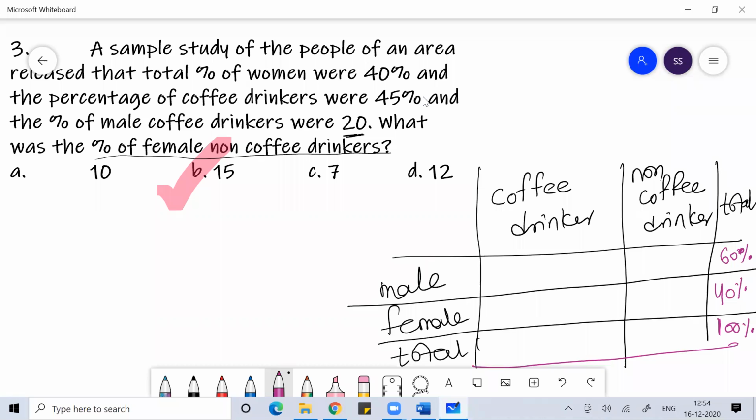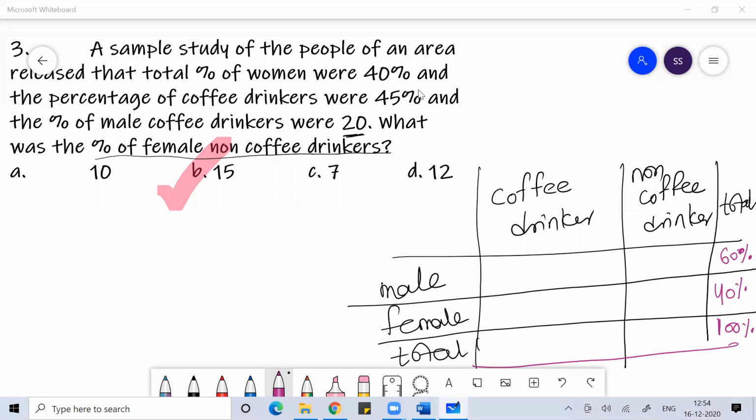I don't think anyone has doubt on that part. The total is always 100% because percentage, the maximum you get is 100, right? So if female is 40, then the male will be 60. Anyone have any doubt with that?